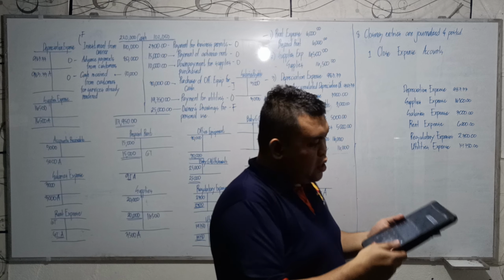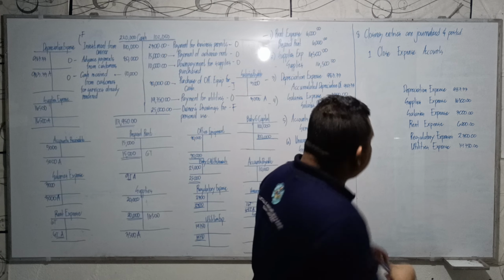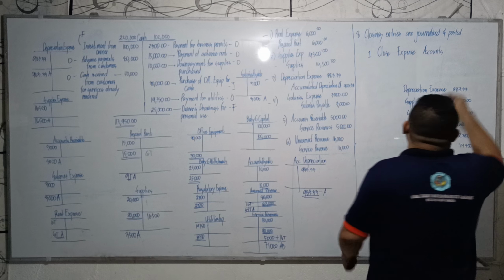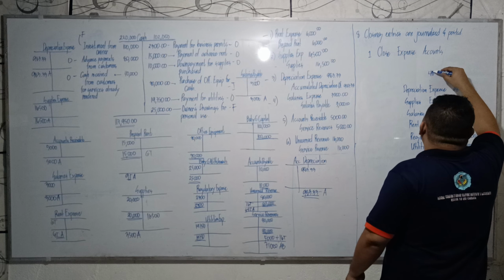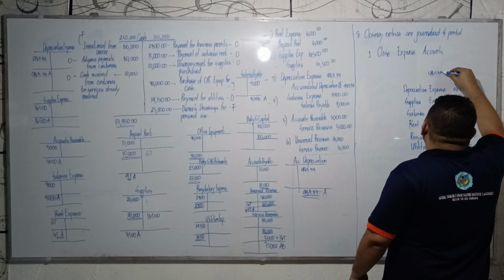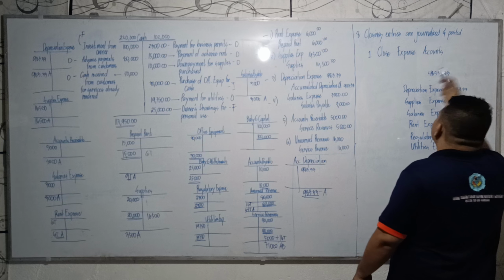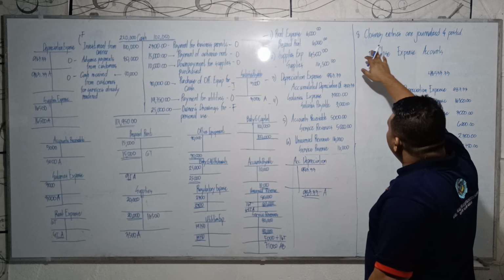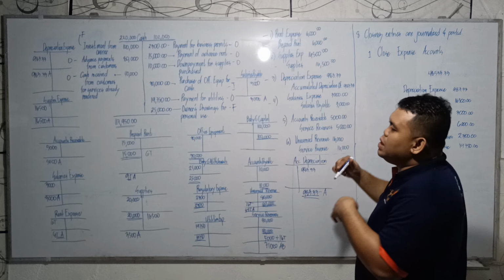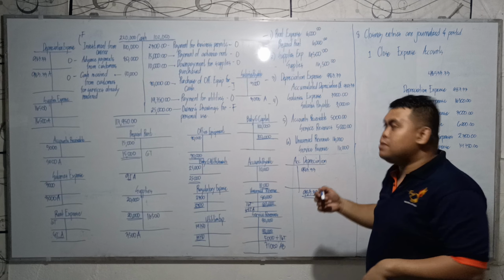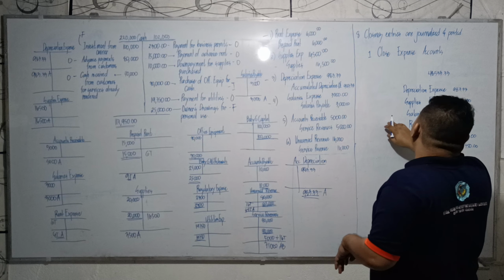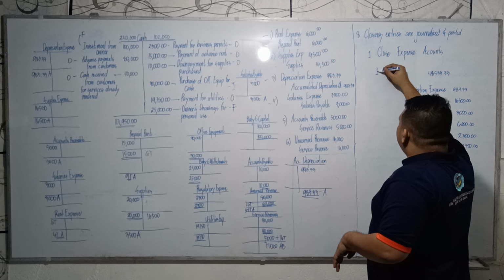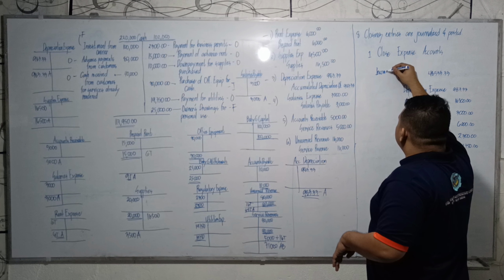So we have 48,533.33. The question is, what is the account to be debited? Because when we speak of closing entries, there should be a debit and credit balance, right? So we have the income summary account.